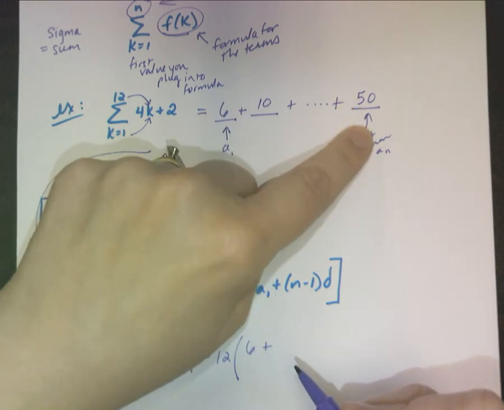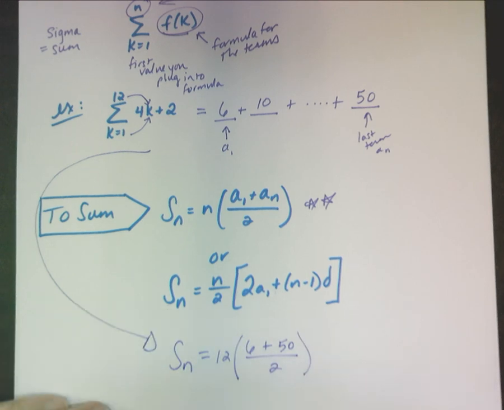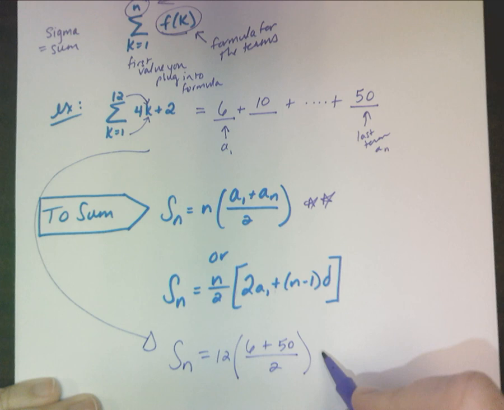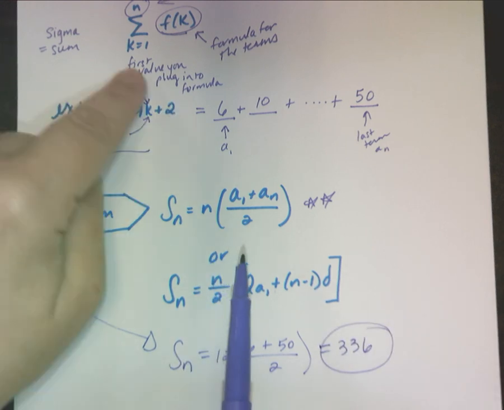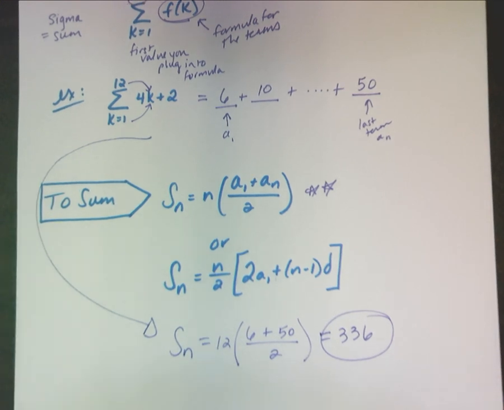My last position is 50, and I divide that by 2. And 6 plus 50 divided by 2 times 12 is 336. So the sum is actually 336. Okay, so it's kind of like using 2 formulas at once.